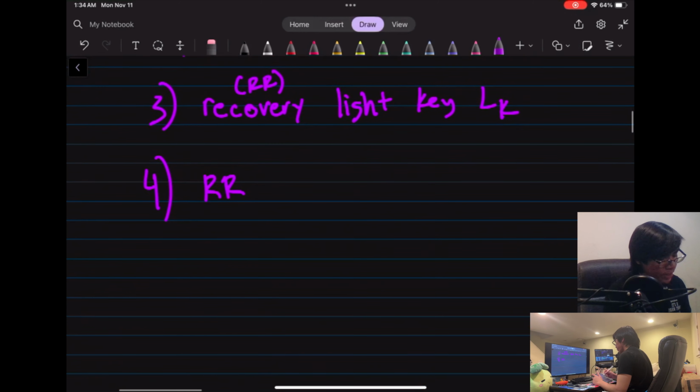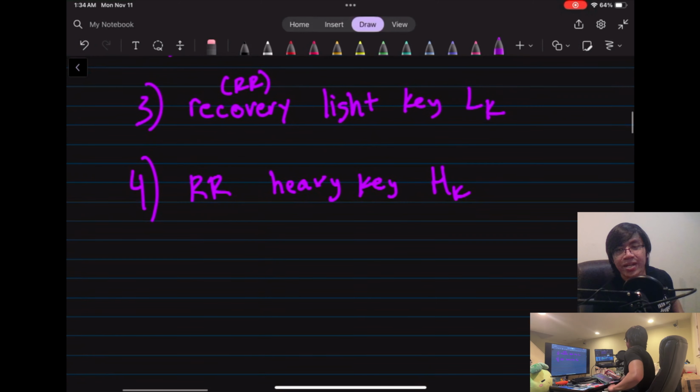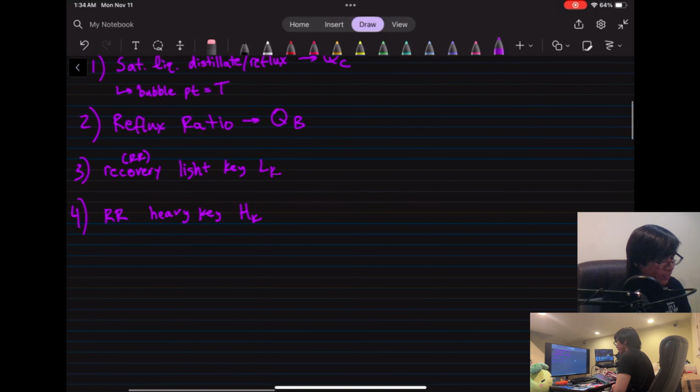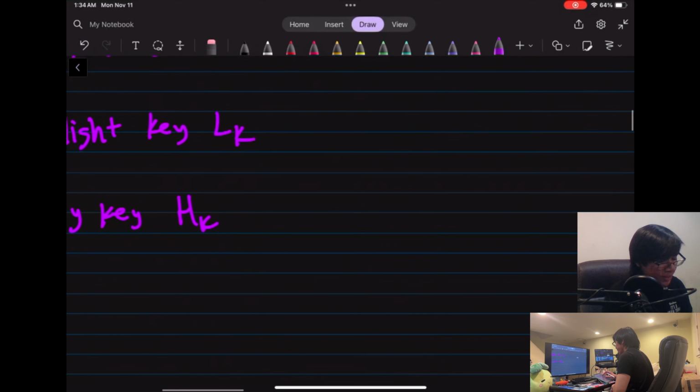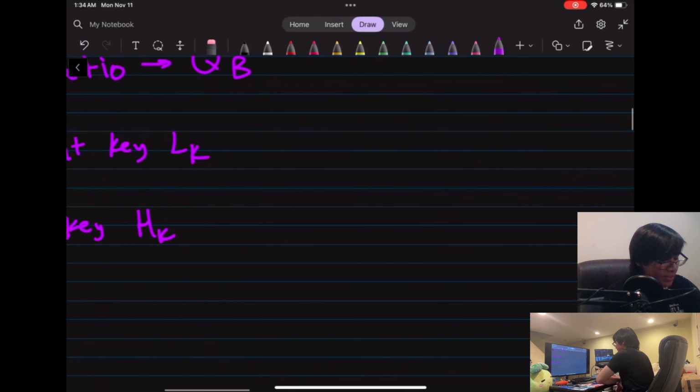And now we have these terms, light key and heavy key. To explain these, we can use an example. Honestly, I'm ripping this straight from class, so skip this if you remember already, but it was a separation of alkanes. We can use C1, methane, all the way to pentane.